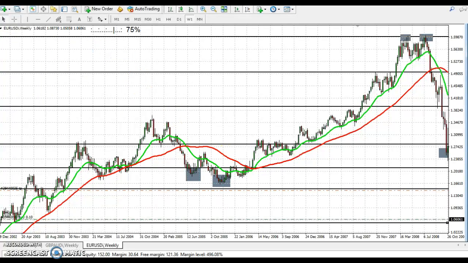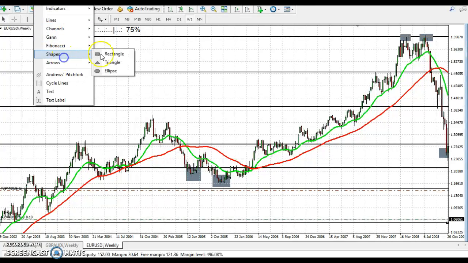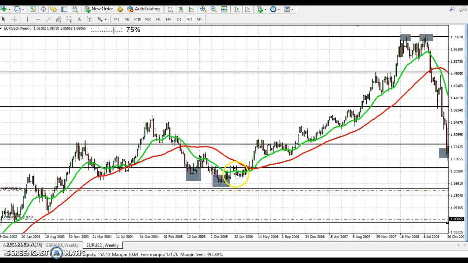Why? I'm going to tell you just in a second. Let me go ahead and finish marking it up. Inverted head and shoulders because shoulder A is a low, then the head made a lower low than shoulder A, and shoulder C, point C, A, B, C, made a higher low than the head, matching up with that one.